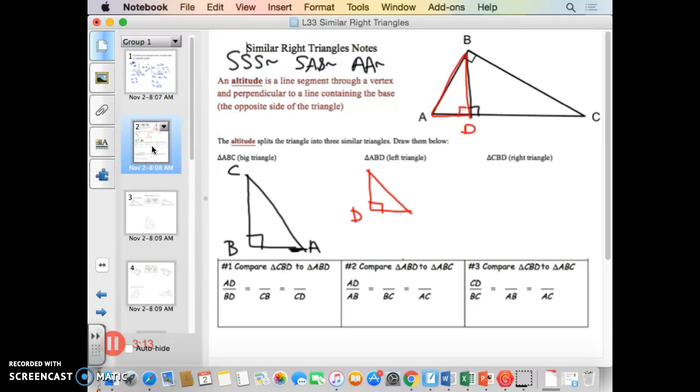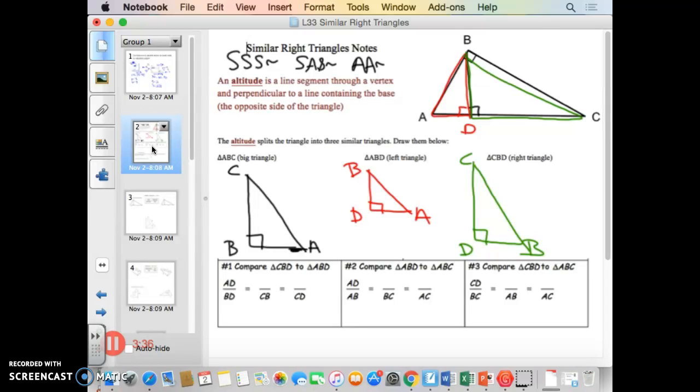This is D, this is A, and this is B up here. And then the third triangle that you can see is right here, and I'll draw this one in green. And again, I'm going to turn it and flip it. So this one here, C is at the top. This is my right angle, D, and over here is B.